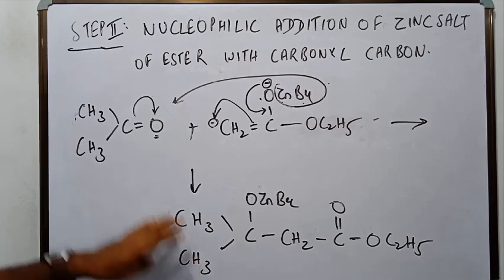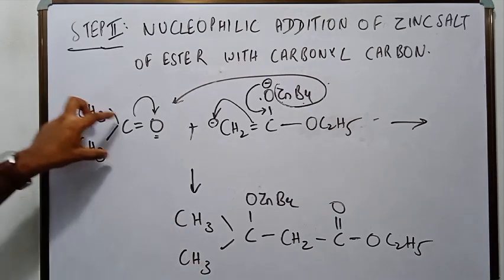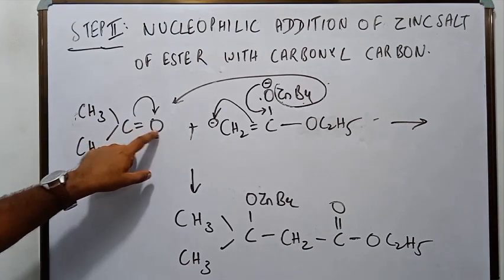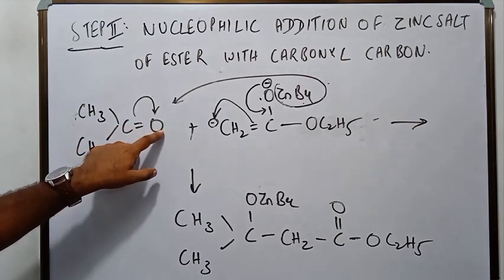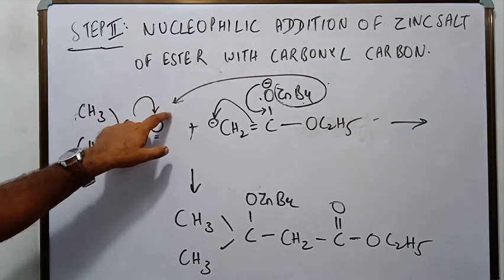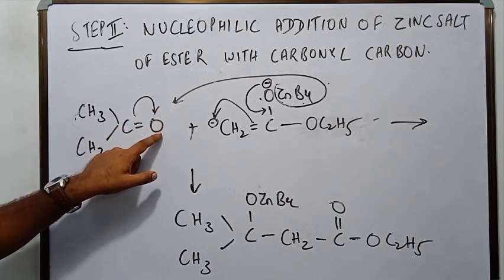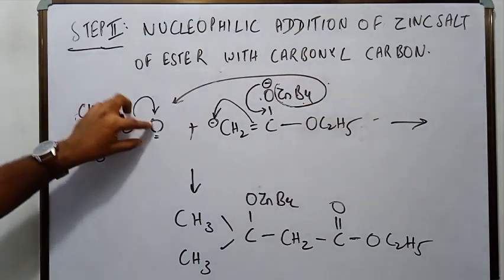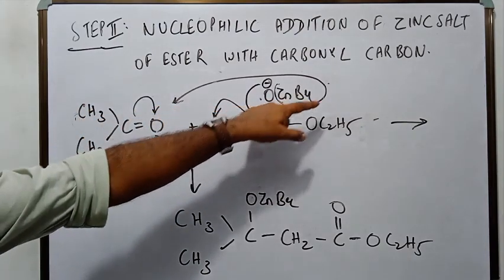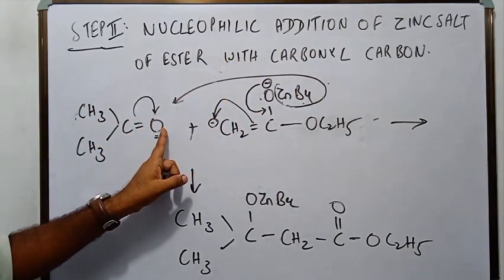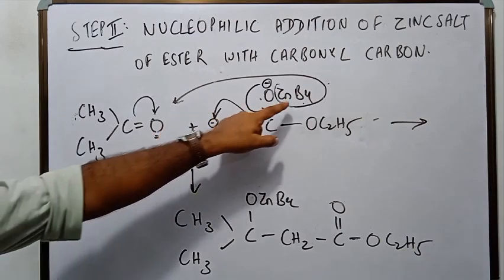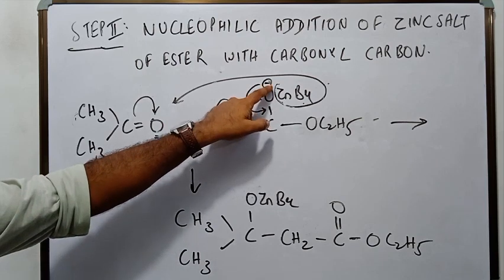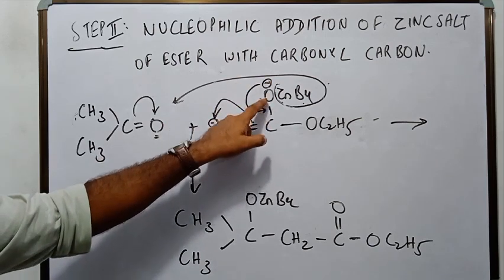What happened here is, in acetone there is a rift between carbon and oxygen. Oxygen is electronegative, carbon is electropositive. Oxygen wins the game, it gets a negative charge. This has more electrons than this oxygen. Why? Because there are two pumping groups. So ZnBr changes its side, it comes to this oxygen. When ZnBr comes to this oxygen, it leaves an electron pair. That electron pair comes down and forms a double bond with carbon.